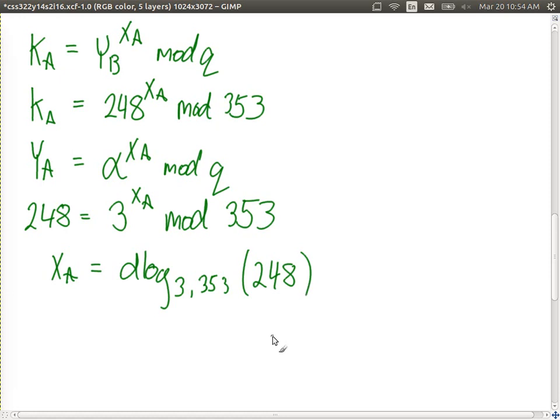So if we can solve the discrete logarithm here, we'll find Xa, and if we find Xa, then we can easily find Ka, because we just plug it into this equation. Exponentiation is easy. If we know Xa, it's 248 to the power of Xa mod 353, and we'd find Ka.